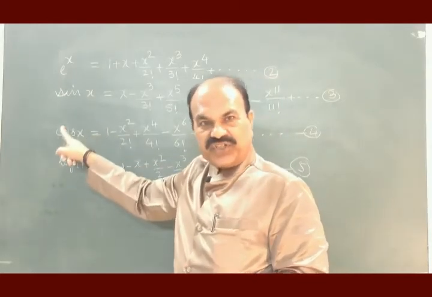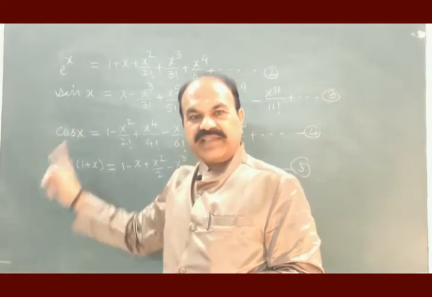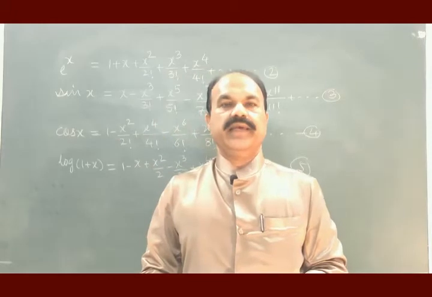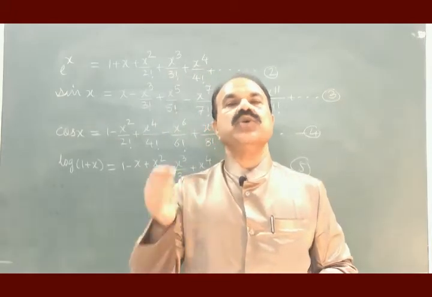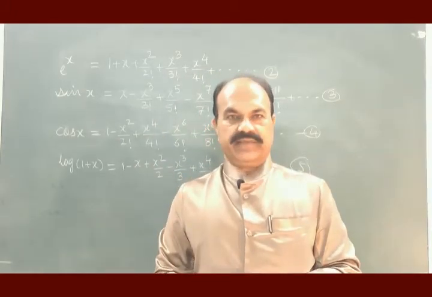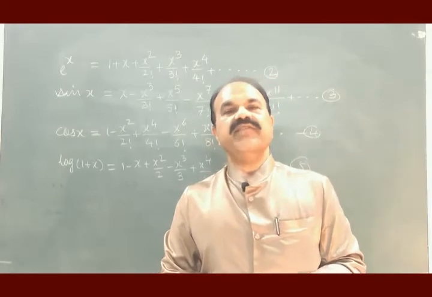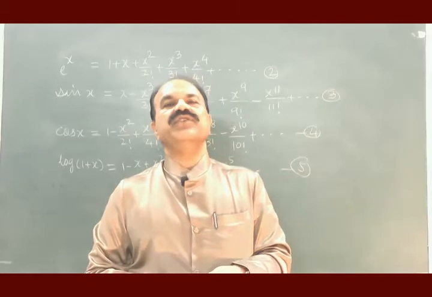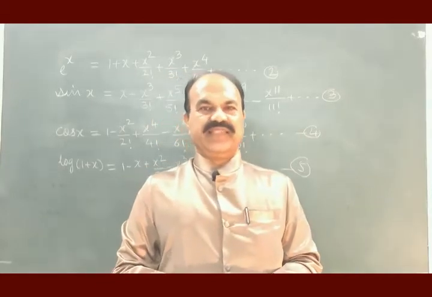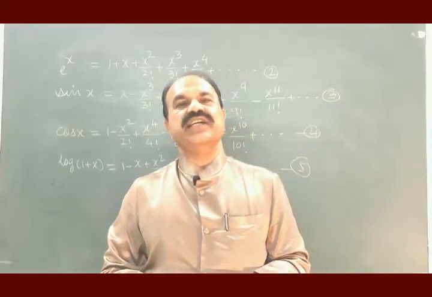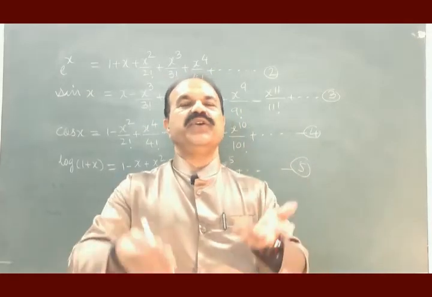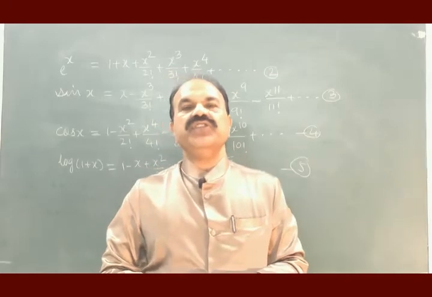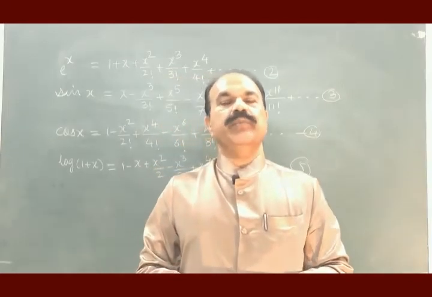This is a periodic function, this is also a periodic function. Sine function is of period 2 pi. Cos function is also of period 2 pi, because the same value is repeated after a period of 2 pi radians, and therefore sine function and cos function, actually all trigonometric functions, are periodic in nature with period 2 pi.